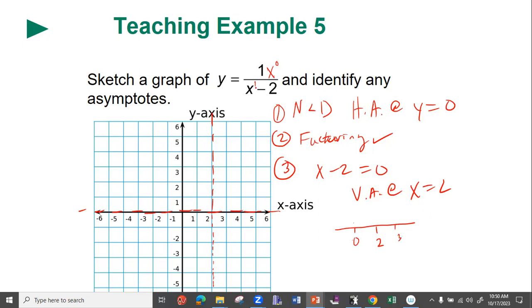So if I plug 0 into my equation, what do I get? I get -1/2. Okay, I'm going to plug in 3 into my equation. 3 minus 2 is 1, divided by 1 is 1. So at 0, I know that it's at -1/2. So then I'm just going to use that point to follow my asymptotes.